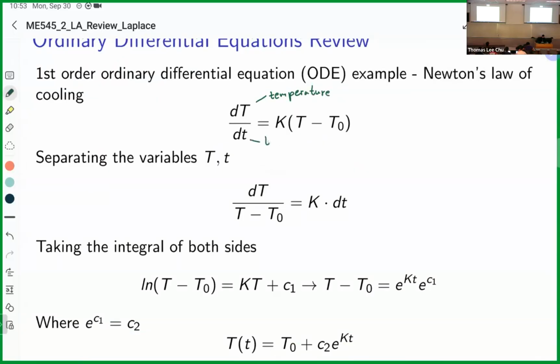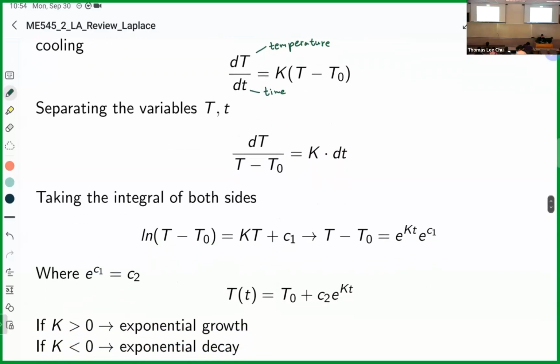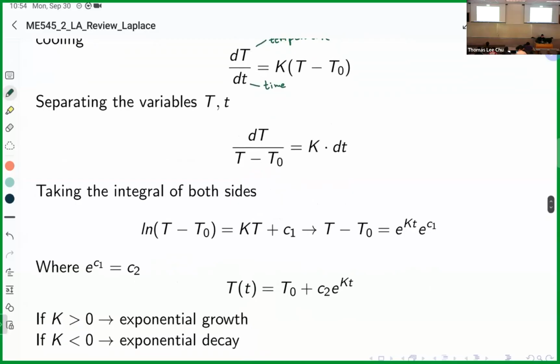This is time. When we separate our variables, temperature and time, we get this equation here where the change in temperature over the temperature minus initial temperature is equal to our heat coefficient multiplied by the change of time. When we take the integral on both sides, we get ln of T minus T naught is equal to kt plus c1. So just some constant.